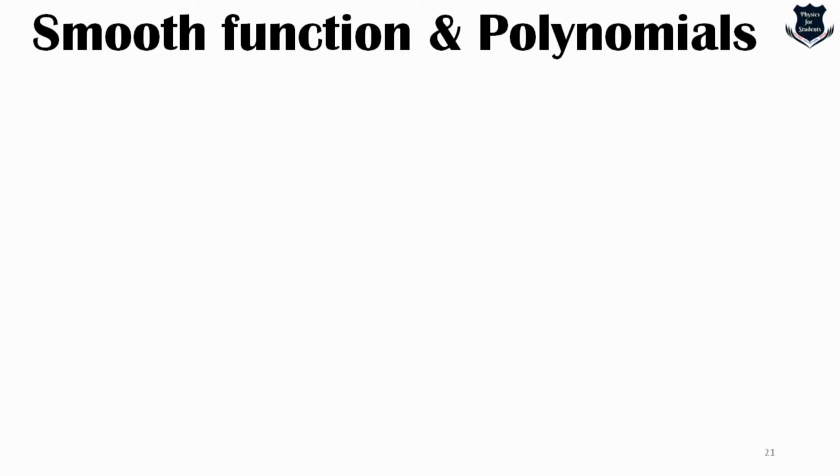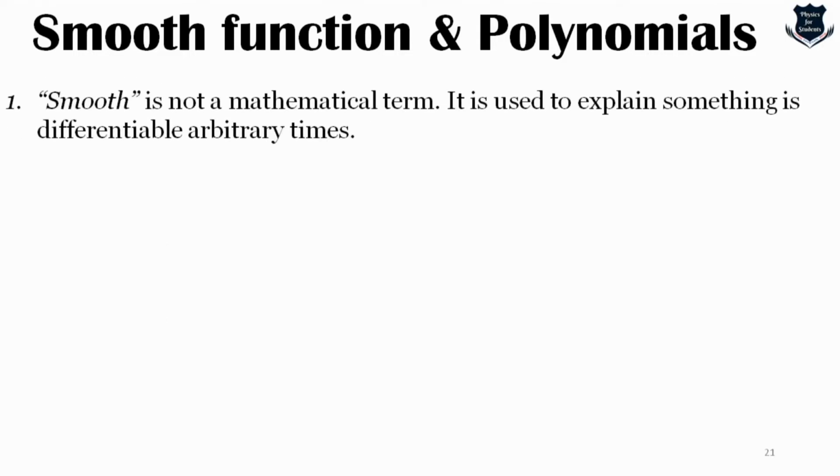So whenever we are talking of smooth functions, the first thing that comes into your mind is a polynomial. The first thing that you should remember is that, as I told you, smooth is not a mathematical term. It means that something is differentiable an arbitrary number of times.